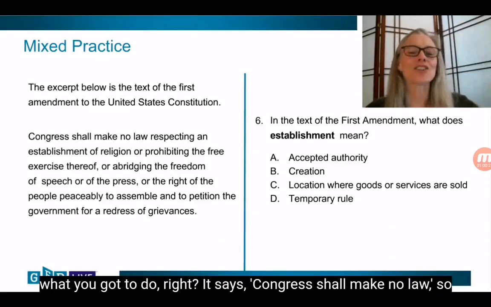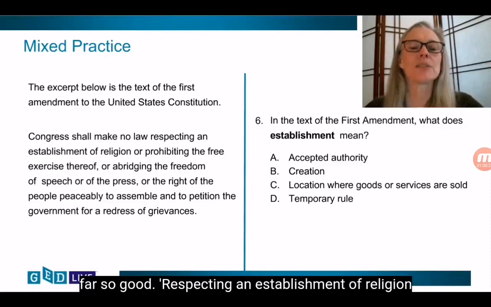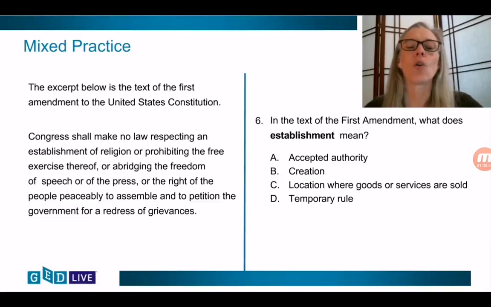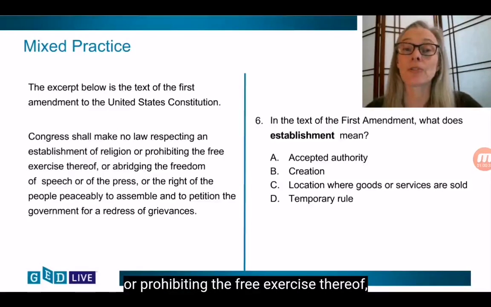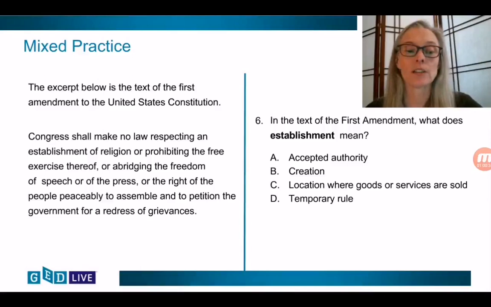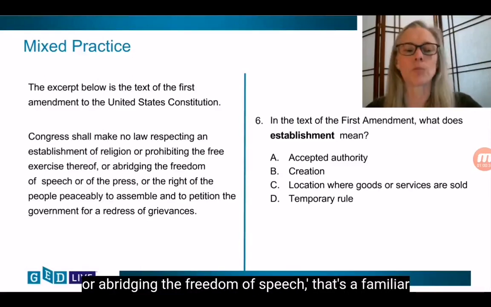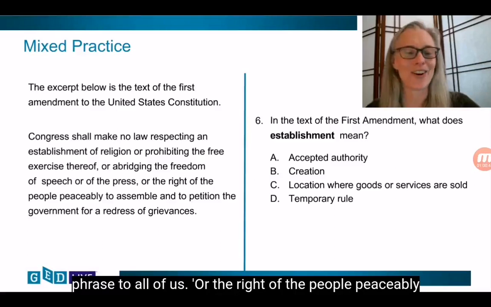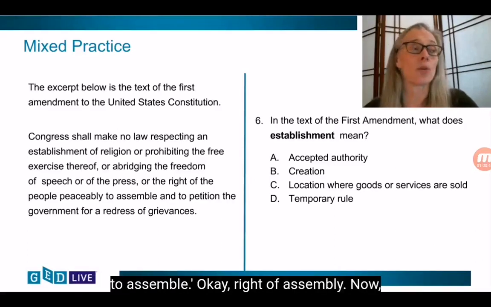It says, Congress shall make no law, so far so good, respecting an establishment of religion or prohibiting the free exercise thereof, or abridging the freedom of speech, that's a familiar phrase to all of us, or the right of people peaceably to assemble. Okay, right of assembly.